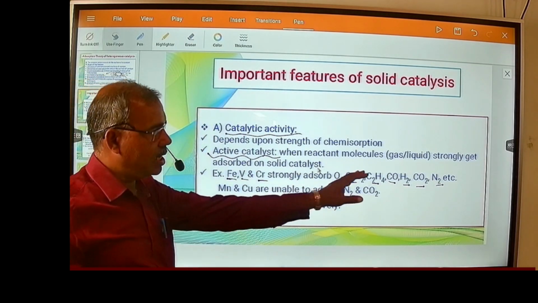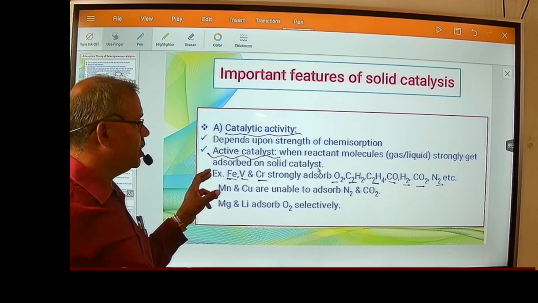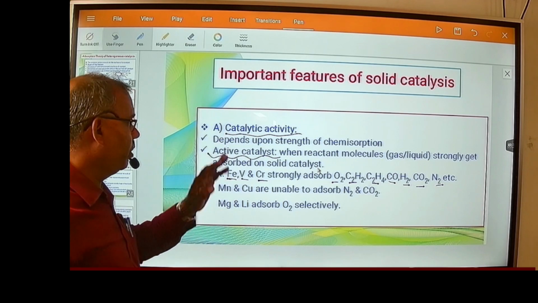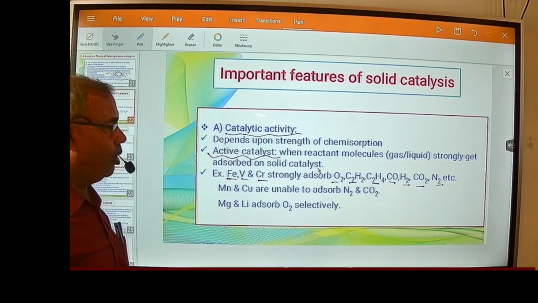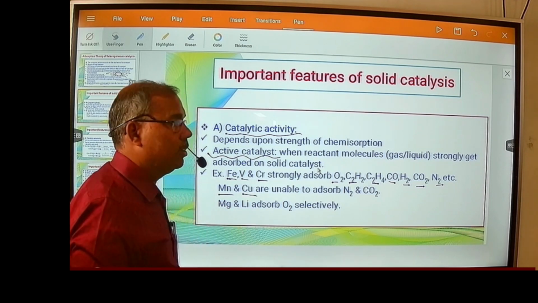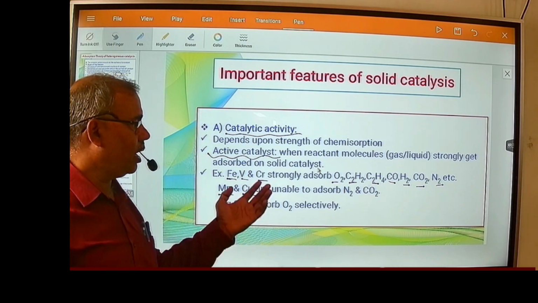So these gases get adsorbed easily and strongly on the surfaces of these metal catalysts like iron, vanadium, chromium, etc., which are D block elements.